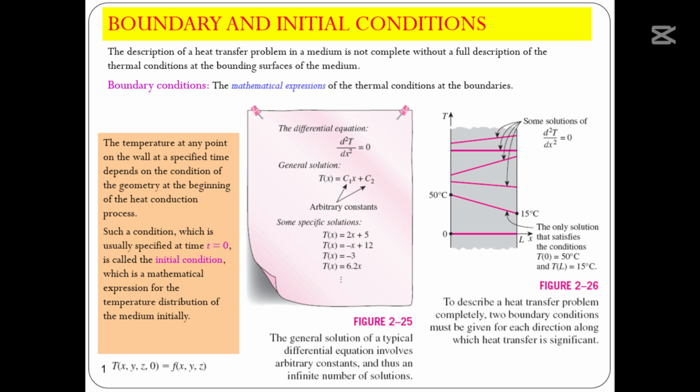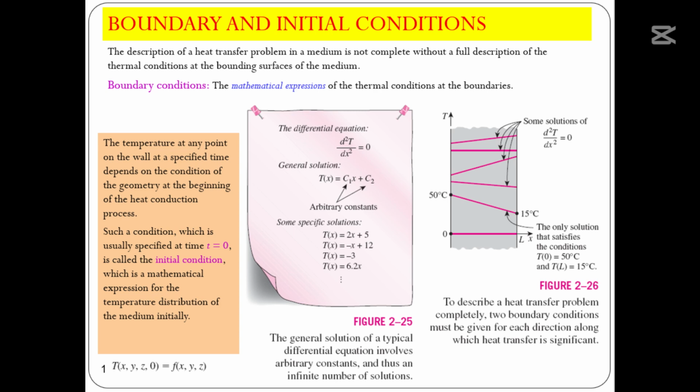So its general solution would be like this. If we take the derivative of this term twice, we will get this equation. And to solve this equation, we must know the values of C1 and C2, because C1 and C2 are constants.